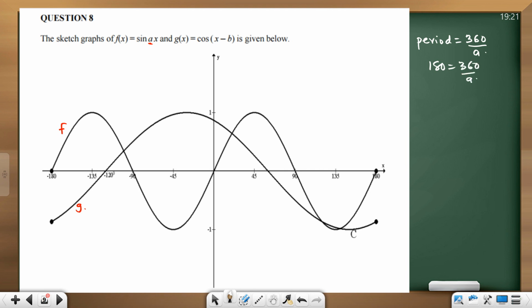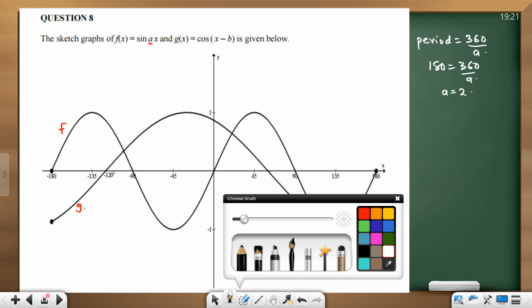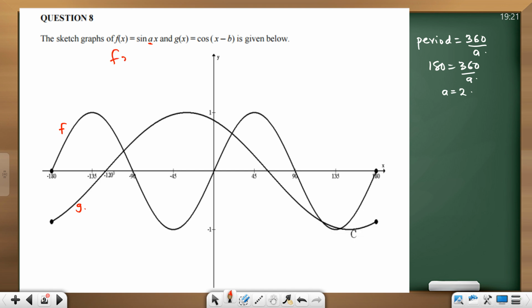I'm sure you can do maths. You're still going to use a calculator for that. Okay. Very good. a is 2. So, this graph tells you f(x) is what? sin 2x. It means we have 2 graphs in the space of 360.